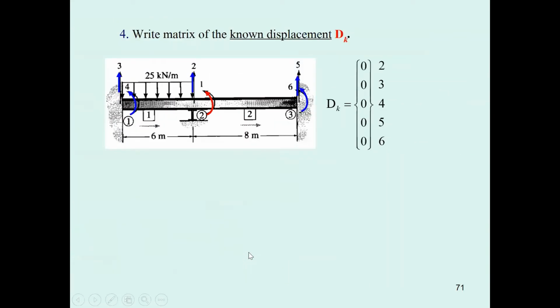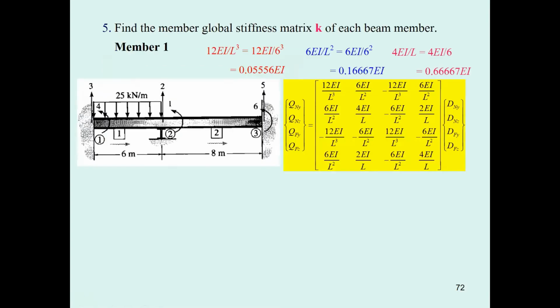The beam has no deflection. Okay, the beam has no deflection. So the deflection is going to be something like this. Okay, and then the member, again, I'm going to tell you this green one, you must put it into 12 EI over L cube. You get this one.